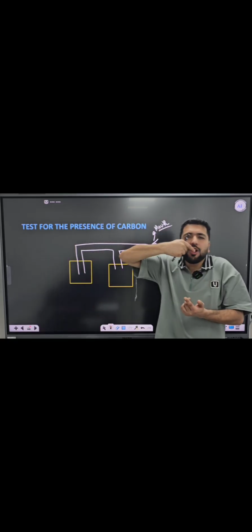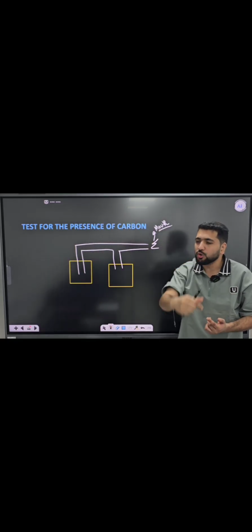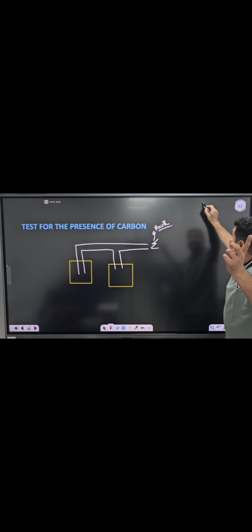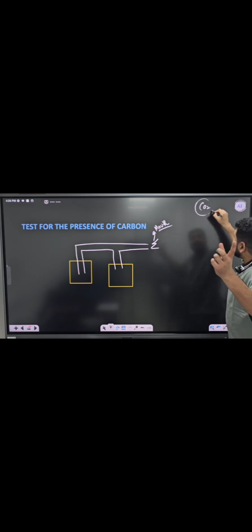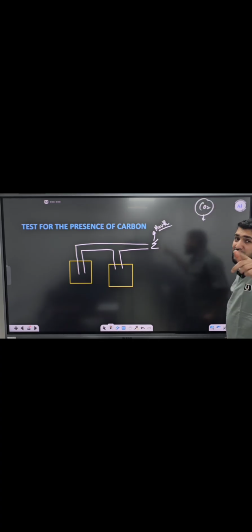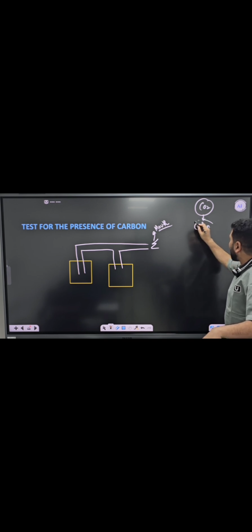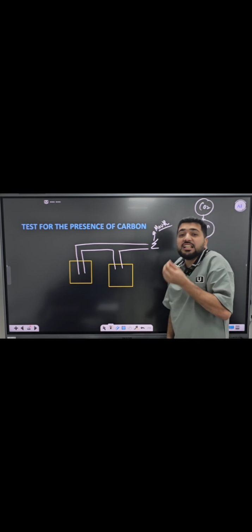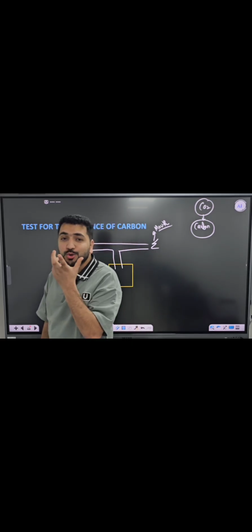We know that we inhale oxygen and we exhale CO2. Now tell me, this CO2 contains what? Carbon. I have to check whether I am exhaling CO2 or not.